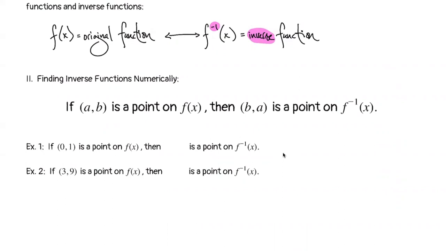So if A, comma, B is a point on f of x, meaning A, B is a point on the original function, then it turns out that B, comma, A, right? So let's think about what happened there. It looks like the B and A switched spots. B, comma, A is going to be a point on the inverse function.